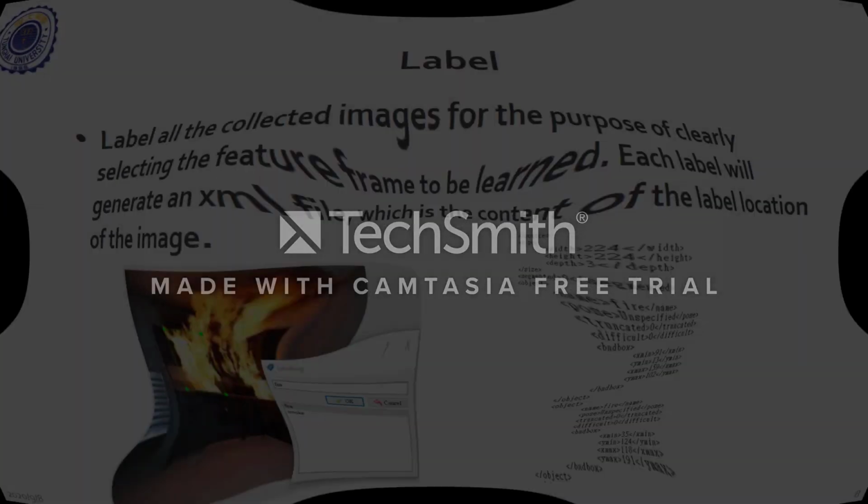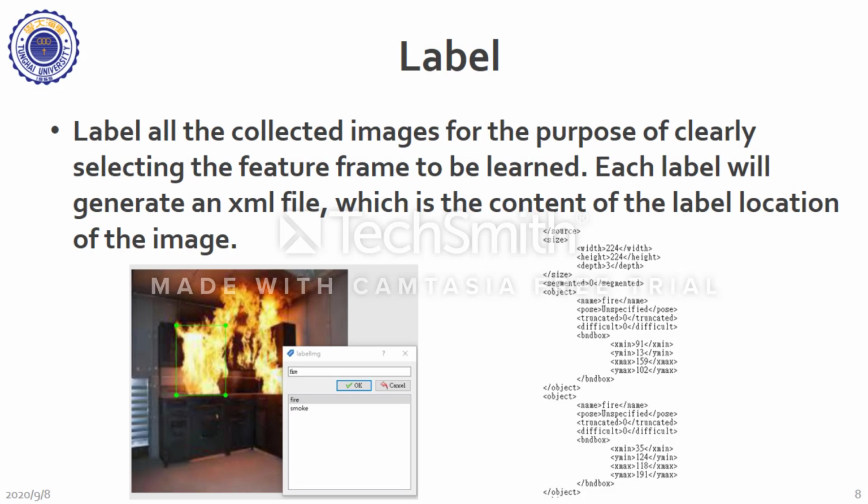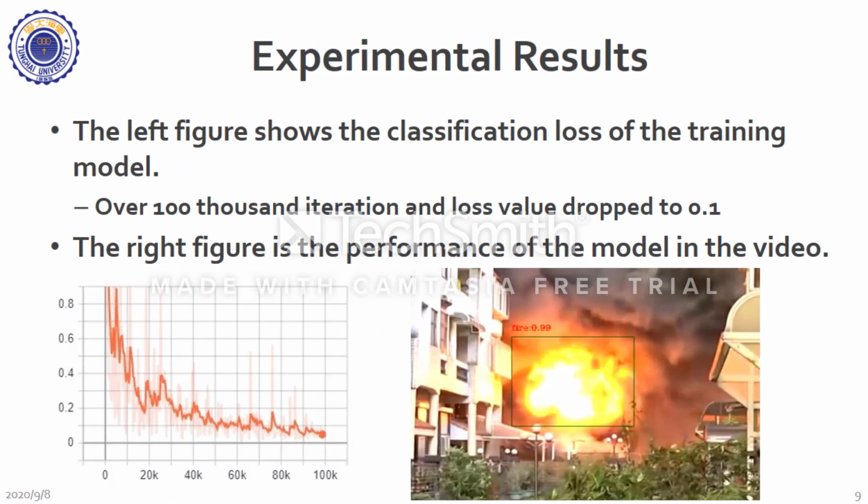After collecting the dataset, we labeled all the collected images. The purpose is to clearly select the features to be learned. Each labeling of a picture will generate an XML file, which is the content of the label position of the picture.